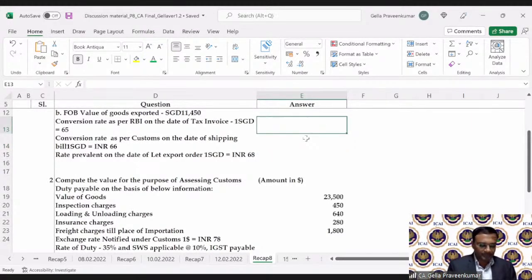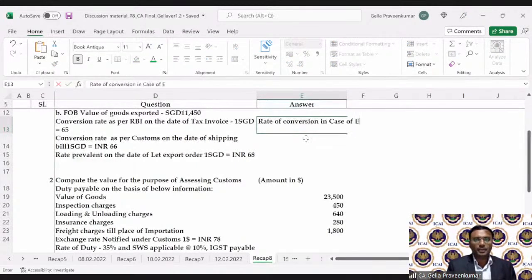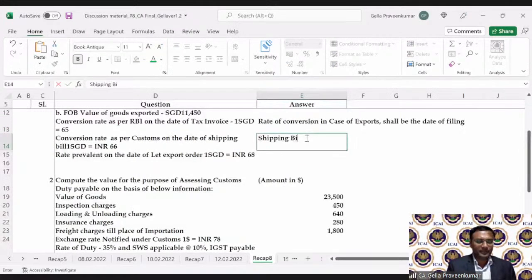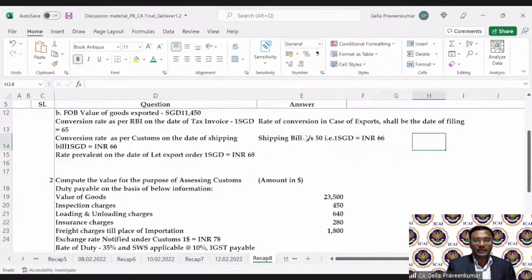So rate of conversion in case of exports shall be the date of filing shipping bill under section 50. On the date of filing my shipping bill, my conversion rate is 1 Singapore dollar equal to INR 66.